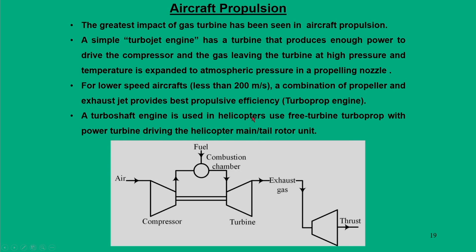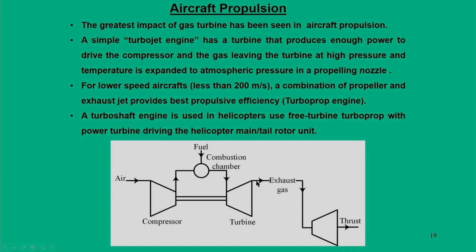Now, the next part is to give some introduction about aircraft propulsion. As I mentioned, when you deal with aircraft propulsion, we simply do not think about power developed from the turbine. The turbine does two things. One is it drives the compressor, that means it gives sufficient power to run the compressor.